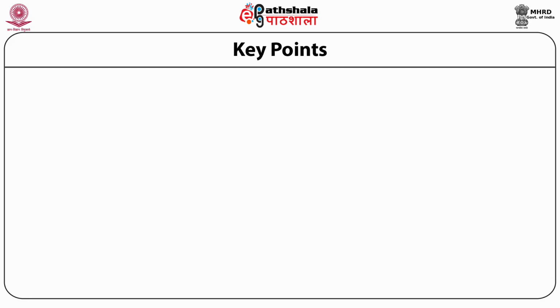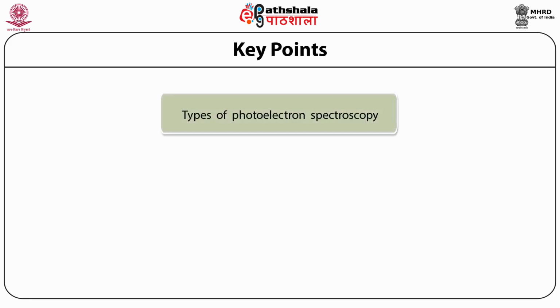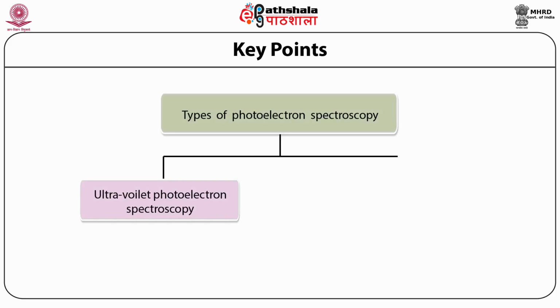The types of photoelectron spectroscopy. Underneath the banner of photoelectron spectroscopy are two separate techniques for quantitative and qualitative measurements. They are ultraviolet photoelectron spectroscopy, in short called UPS, and X-ray photoelectron spectroscopy, which is abbreviated as XPS.